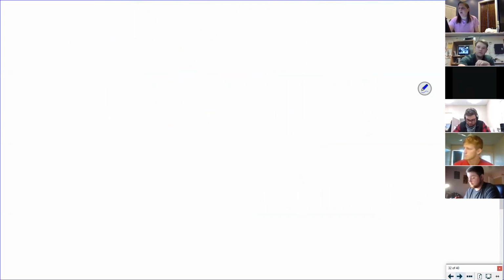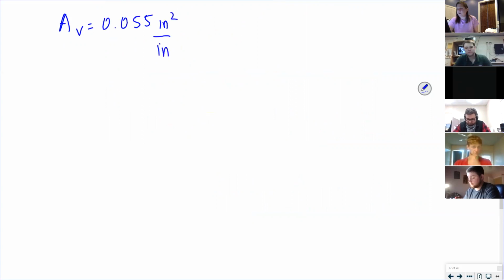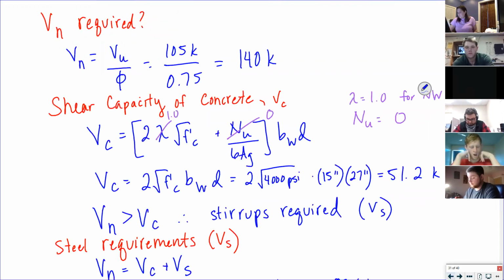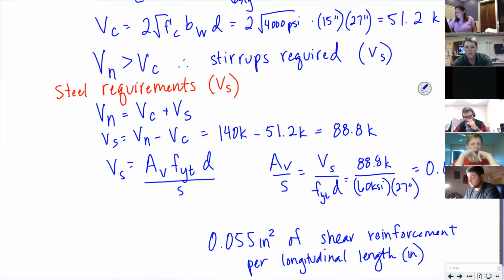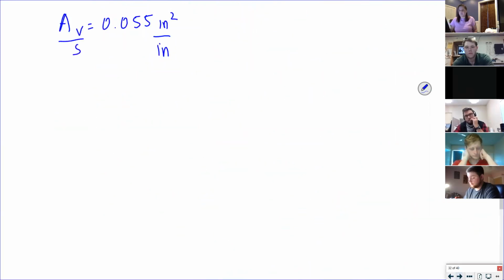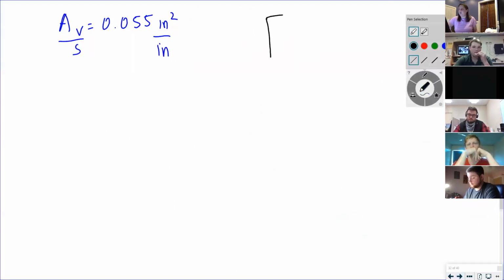So I just said, okay, I need 0.055 inches squared per inch. That's Av over s. Let's say my beam section looks like that, and I have a hoop.